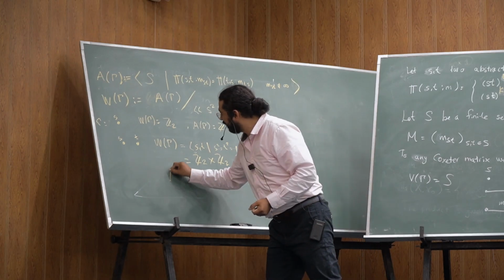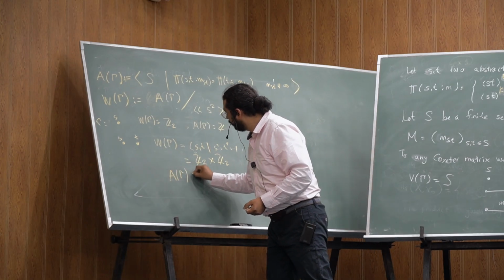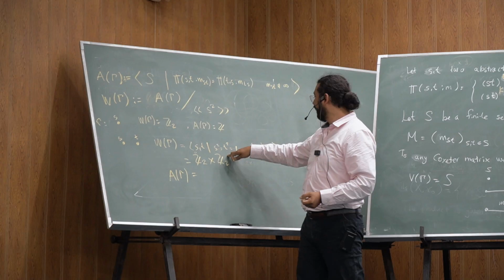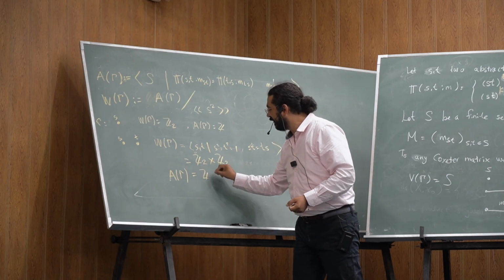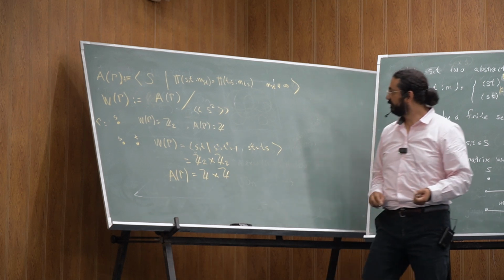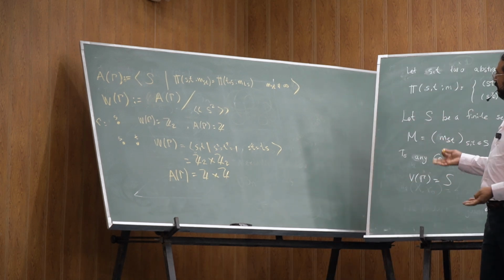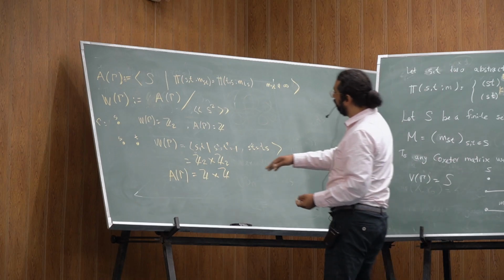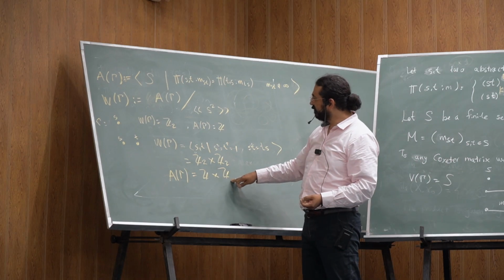And if we consider A of gamma, then we only take out the squares, and then it will be Z cross Z, right? Okay.